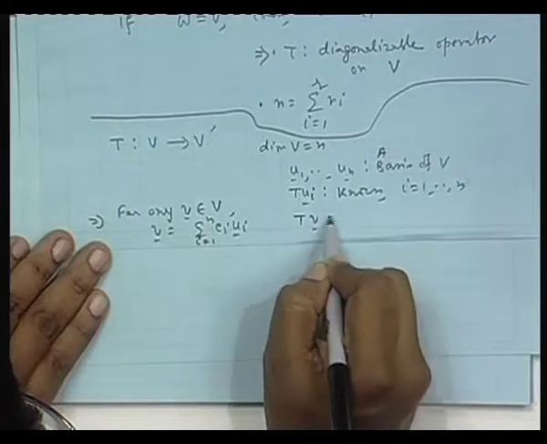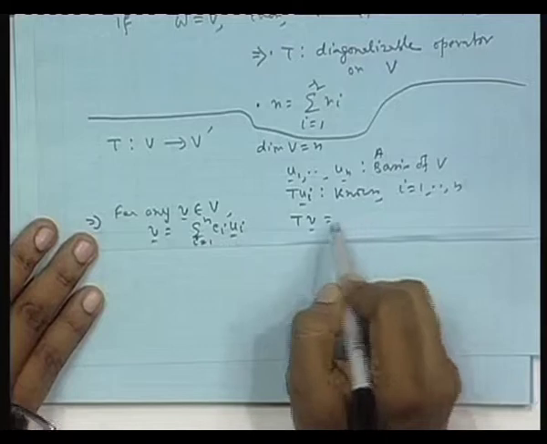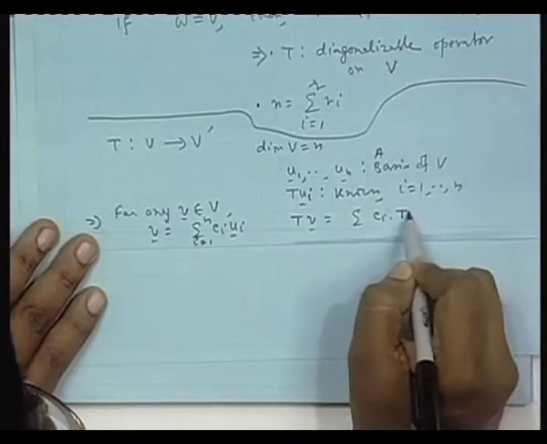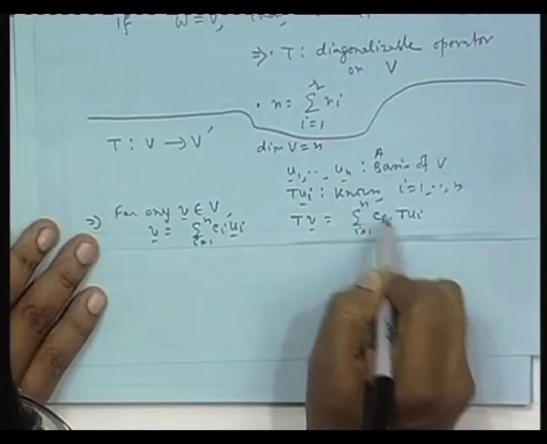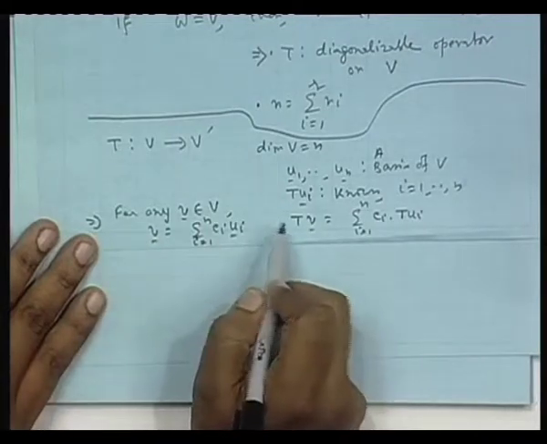So, how to compute Tv? If I know T ui, it is very simple. T will be working on this, and using linearity, it will be nothing but ci T working on ui. So, if T ui is known, for any vector I can find out what its map will be, Tv will be known.